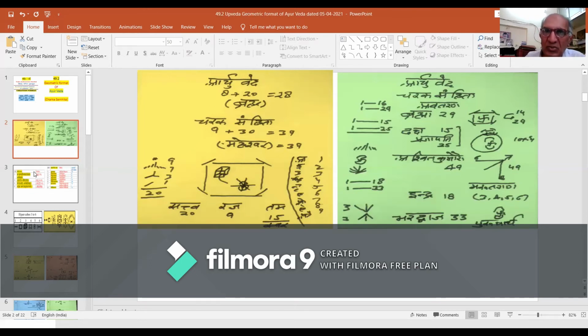Therefore, we, the students of Ayurveda, have to be face to face with these organization format features of formulations of Ayurveda, Charak Samhita, Tam, Raj, and Sat.